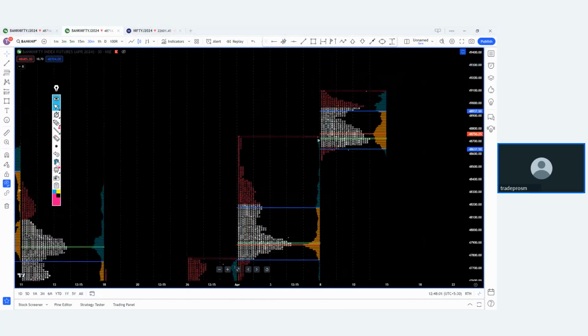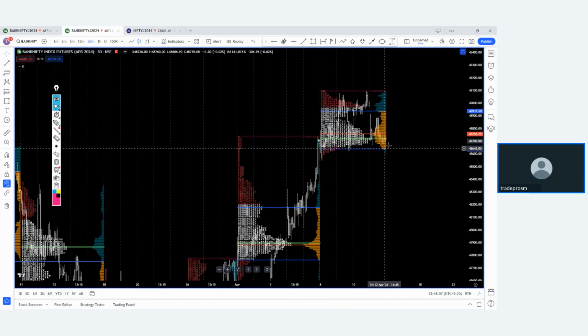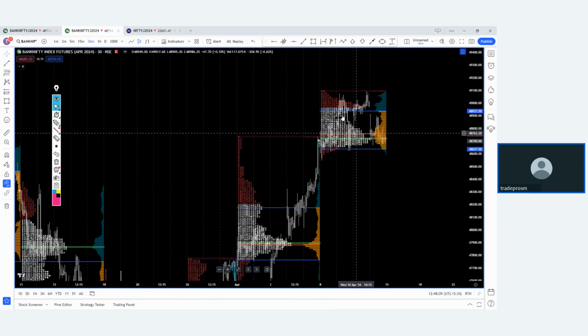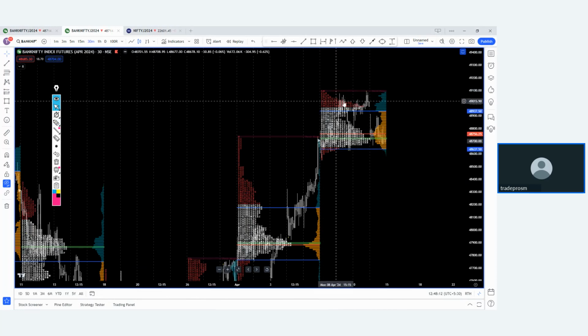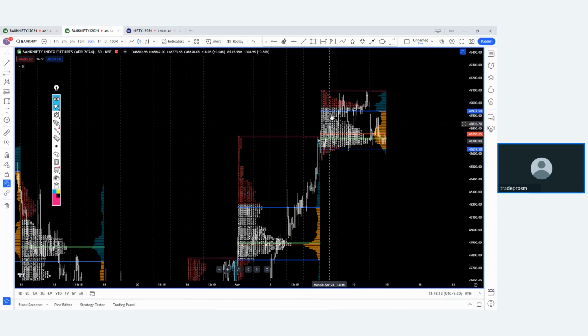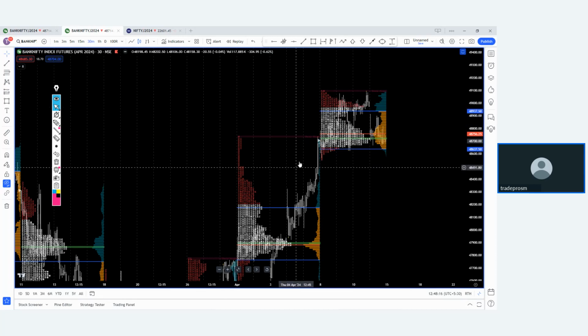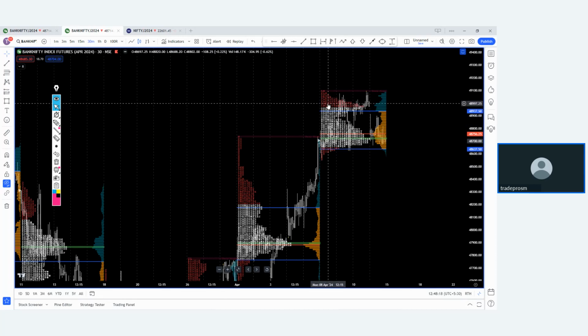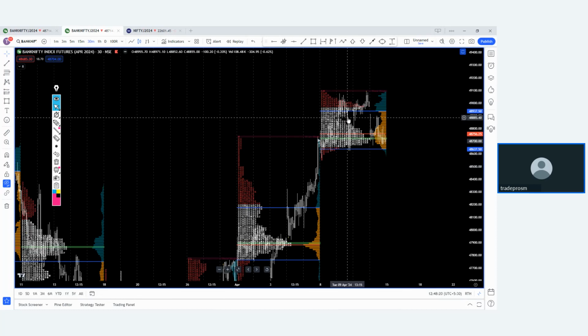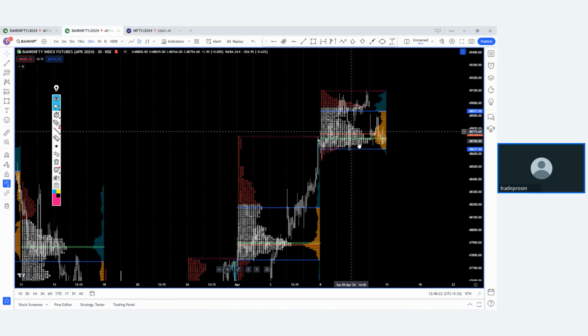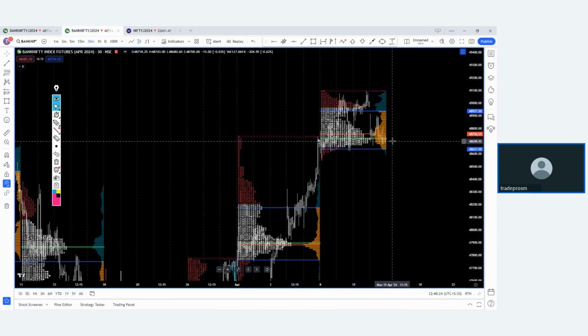So weekly is one time framing up, and here also the same scenario, a higher value area week, and we are closing somewhere around the lower extreme of the week. So there is a kind of neutral scenario. Why? Because weekly is one time framing up, monthly is one time framing up. The slight negative factor on the weekly is that we are closing at the lower extreme of the week, but not below the value area.